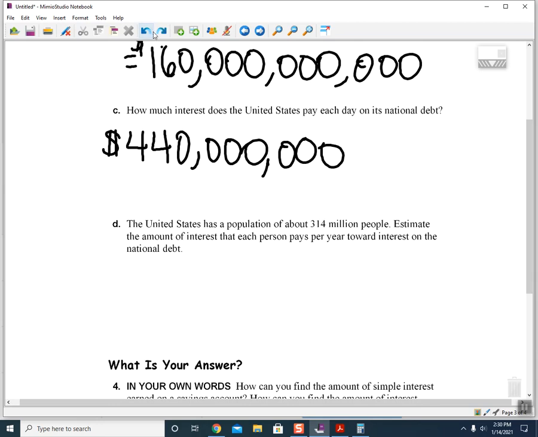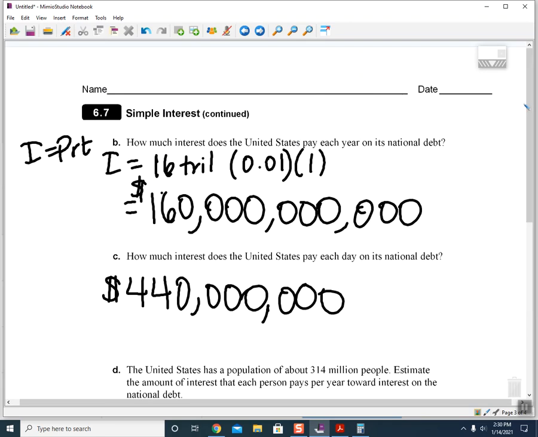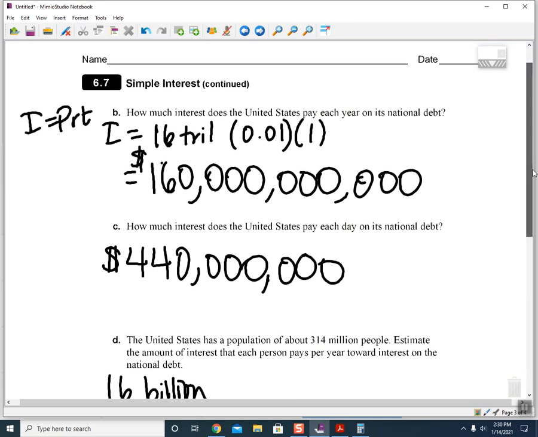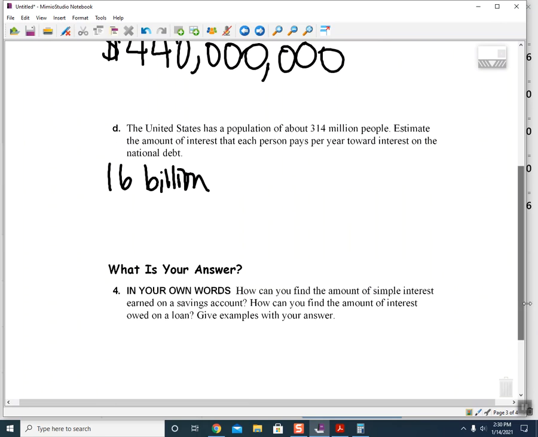So if the United States has a population of 314 million people, how much does each person need to pay in order to pay off our interest? So our interest, remember, was $16 billion just in interest, right? No, it was 160 billion. $160 billion divided amongst 314 million people.